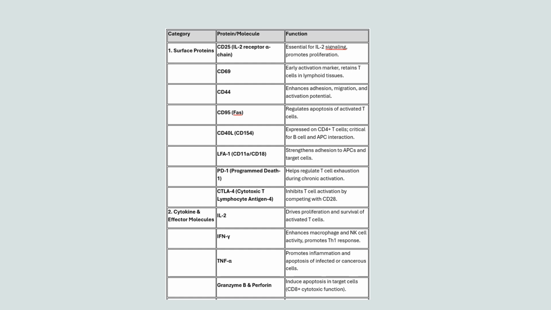So here is a table of what happens when these cells become activated. You get the expression of surface proteins, you get the expression of cytokines, and something else which I can't for the life of me remember.